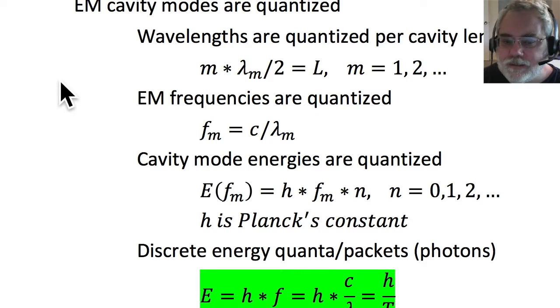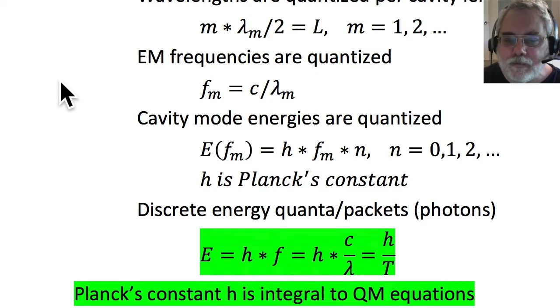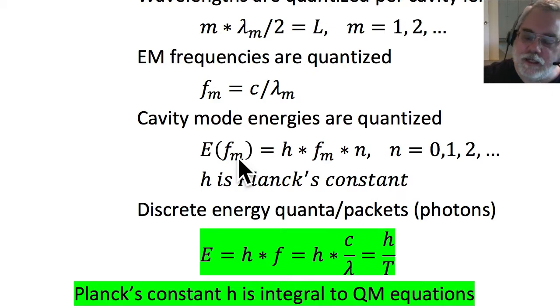And what Planck said is that the energy of electromagnetic radiation at a particular frequency, so the energy at some frequency f sub m, the energy in the cavity mode, is not a continuous quantity. It's a discrete quantized quantity.